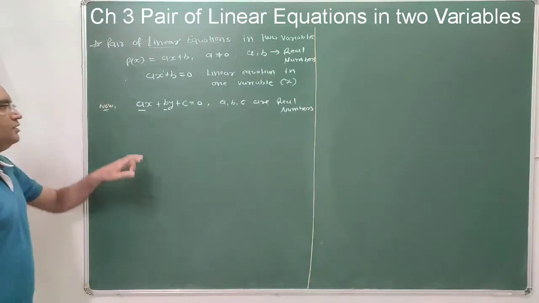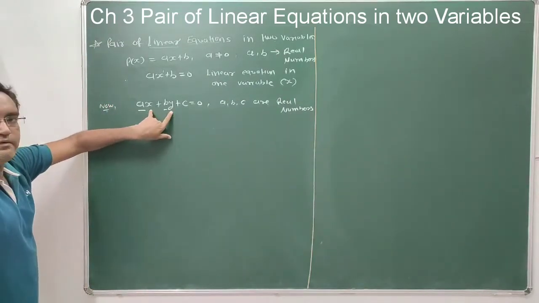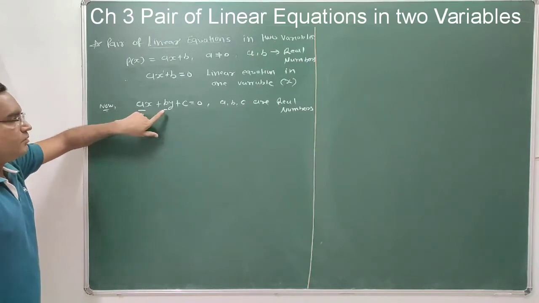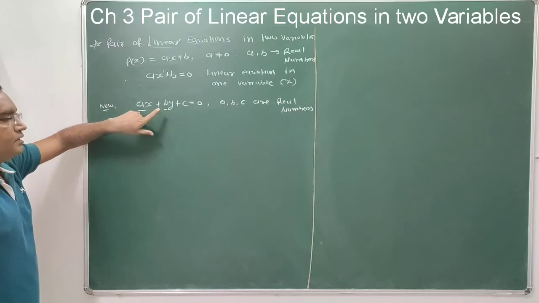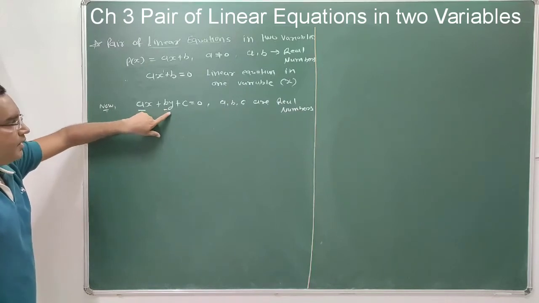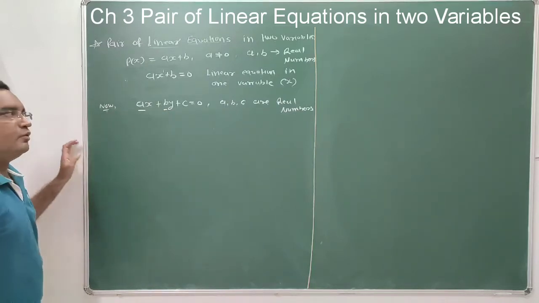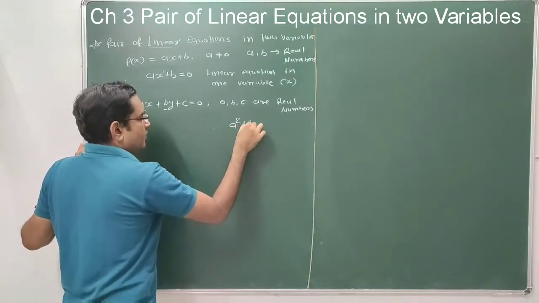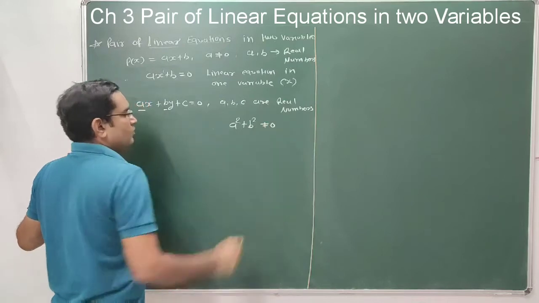The coefficients of x and y must not be 0 simultaneously. That means the values of a and b should not both be 0 at the same time. It is represented by a square plus b square is not equal to 0.